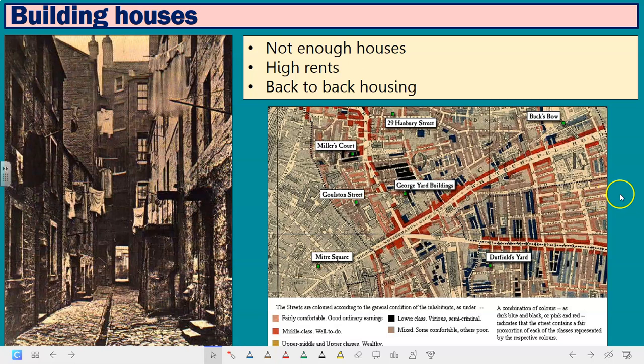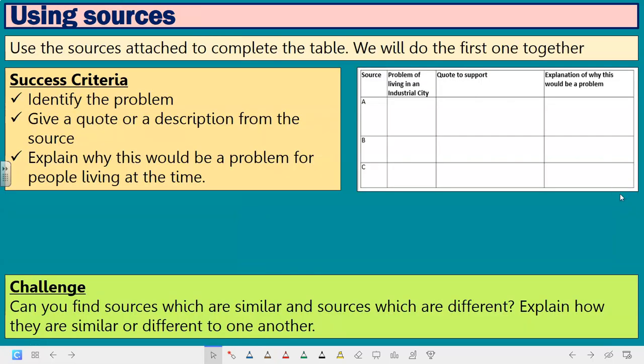So, your task today is to consider in depth what those problems were, and we're going to use sources to help us to do that. So we're going to do the first one together, and then you're going to do the rest on your own. Your job is to identify a problem from the source, to then give a quote or a description from the source, to explain why this would be a problem for people living at the time as well.